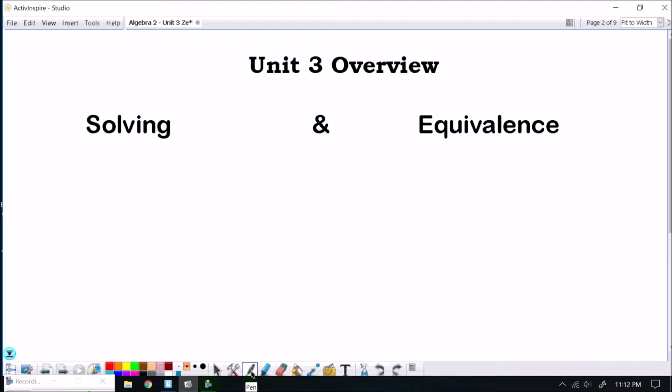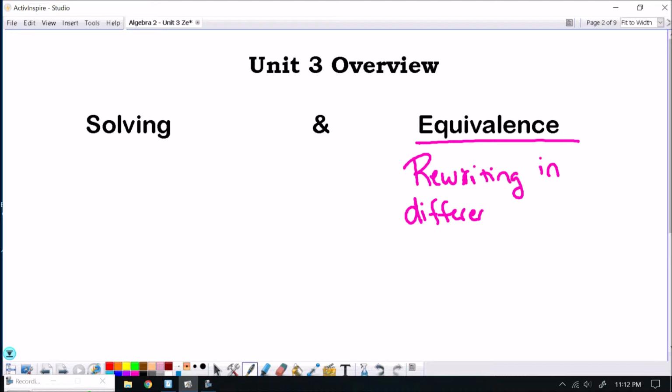We've used completing the square before for equivalence, so that means that we're rewriting an equation in equivalent forms. So different forms that are the same graph, same table.